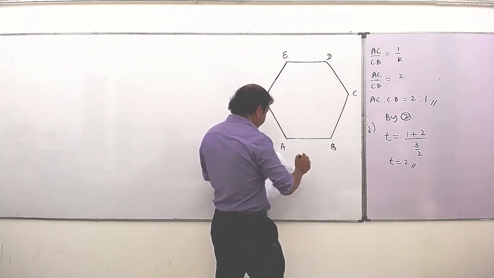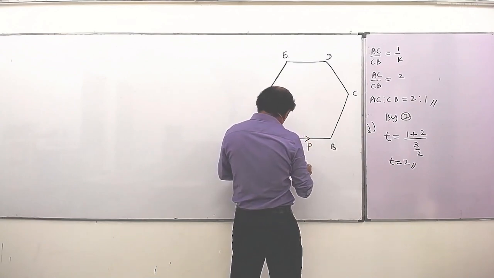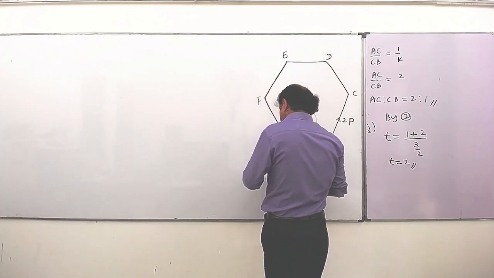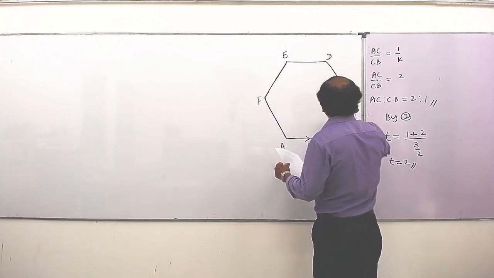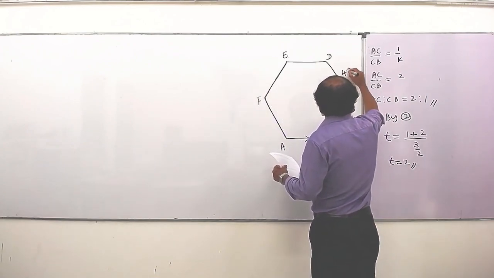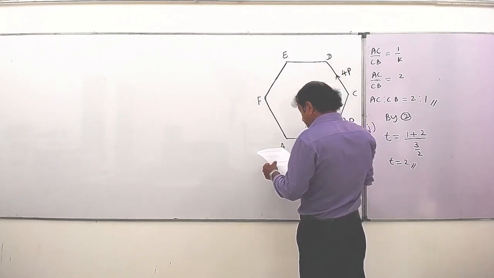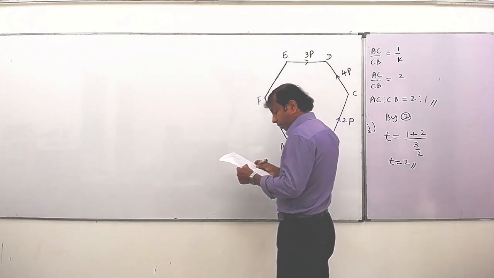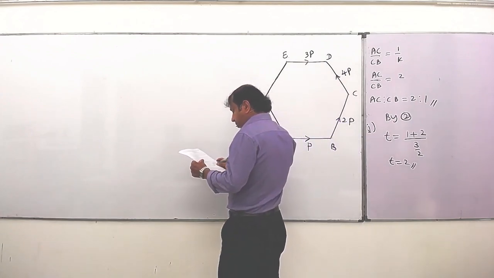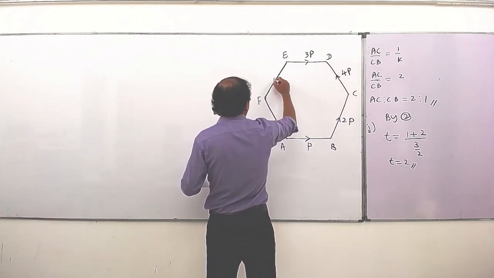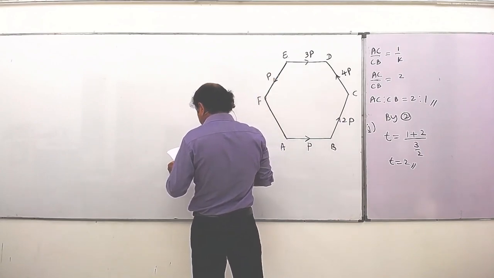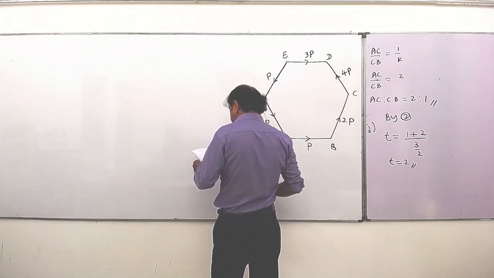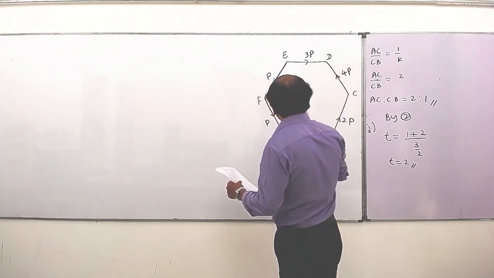Along AB, P. BC, 2P. CD, P. ED, 3P. EF, P. FA also P. And AD, 4P, this way.